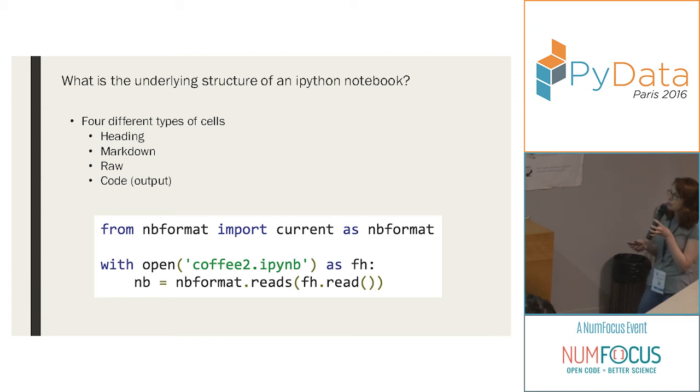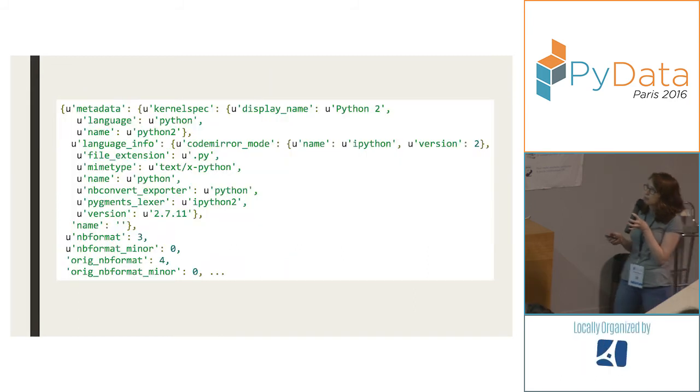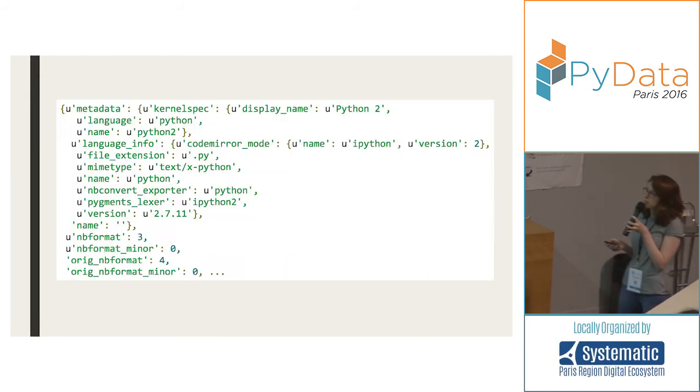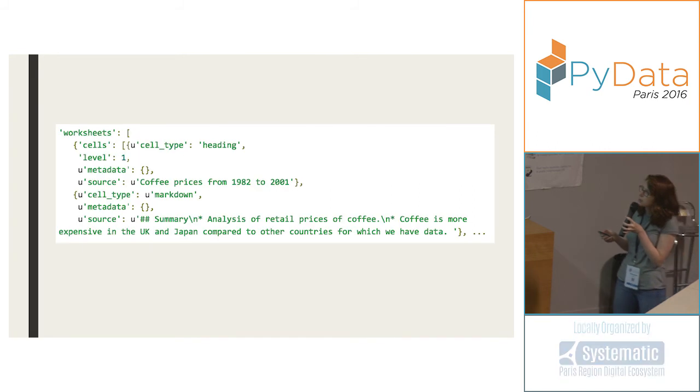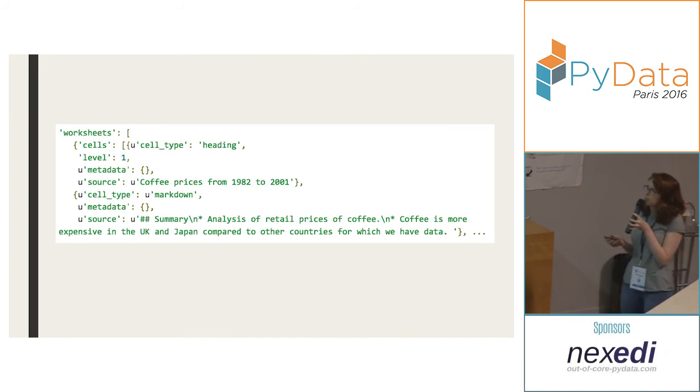So if I look at the variable nb, the first few lines look like this. So this is all metadata, and I can see there are a variety of interesting things here, like the version of the IPython notebook that I'm using. If I look at the next few lines, I can start seeing information about cells.